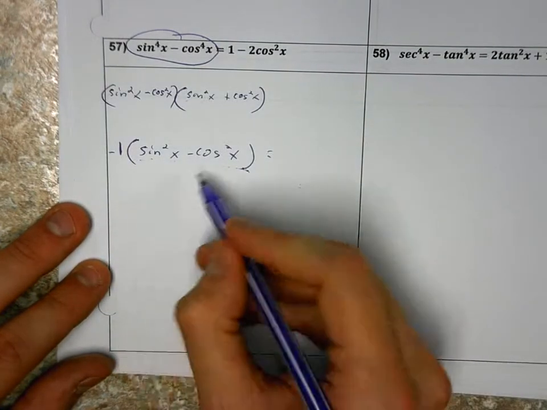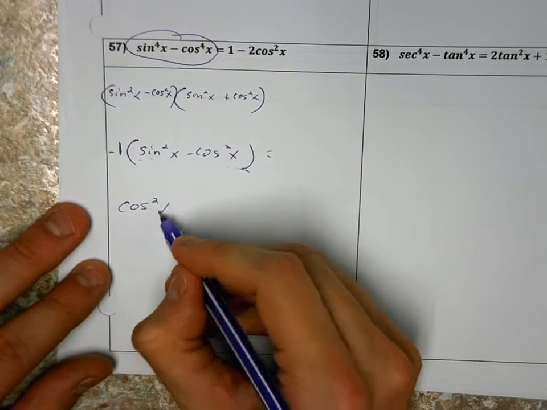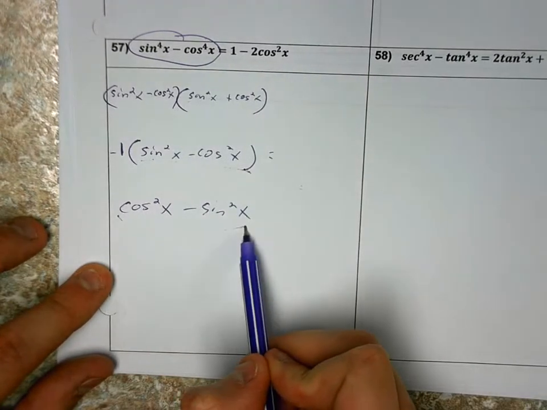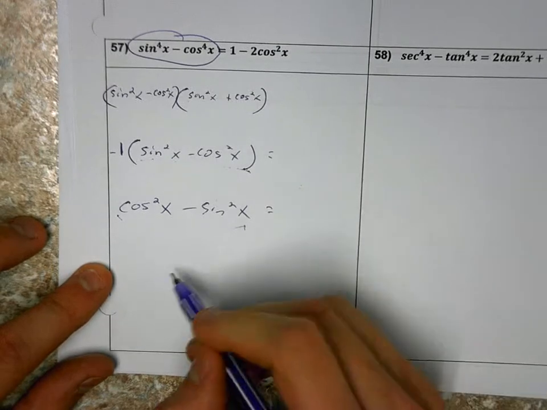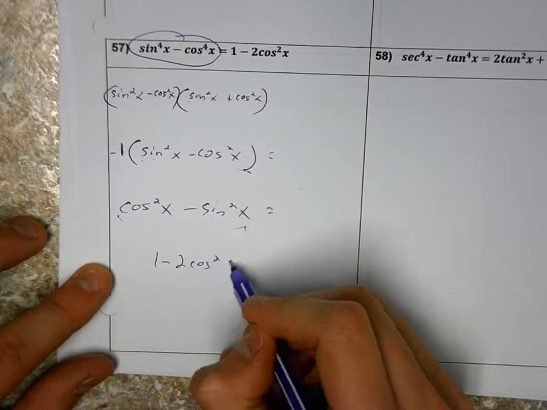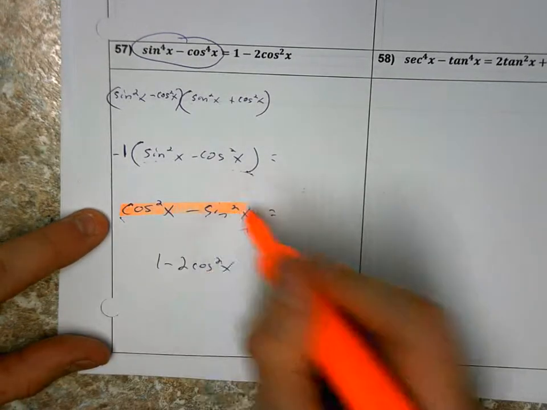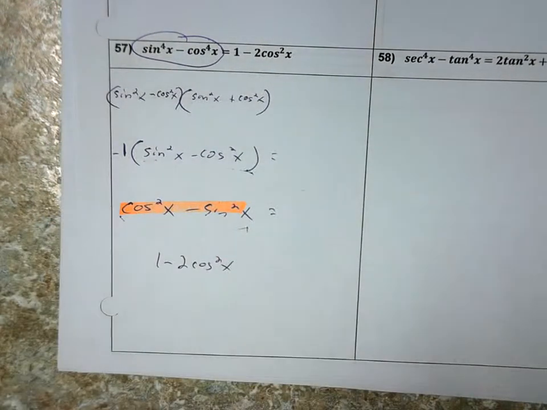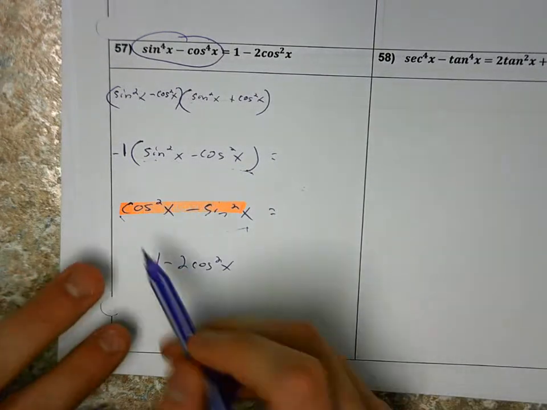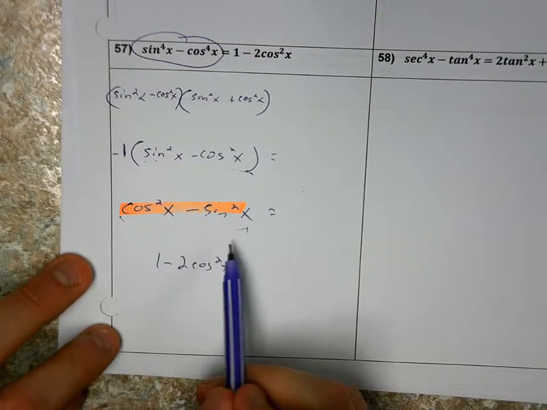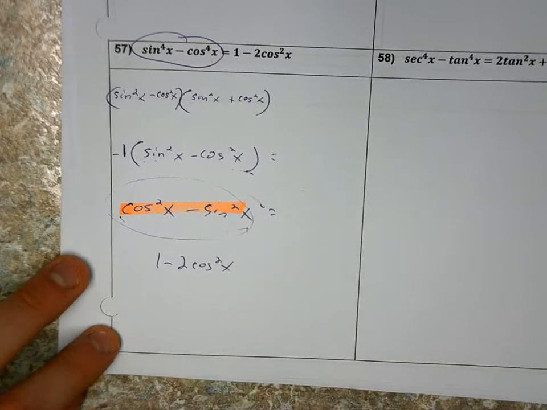And they flipped it around to where you would then have cosine squared x minus sine squared x, because it has to be in this form to then equal 1 minus 2 cosine squared x. This is an identity on your sheet. This is not. So they used multiplying something by a negative, and that was able to rearrange our signs to where it was the identity that we needed.